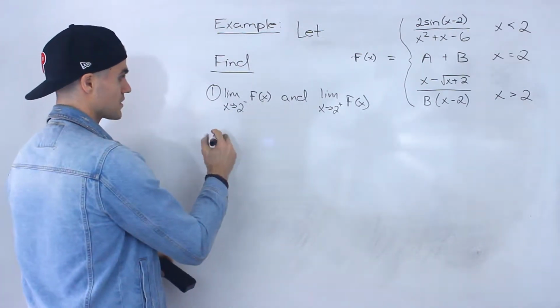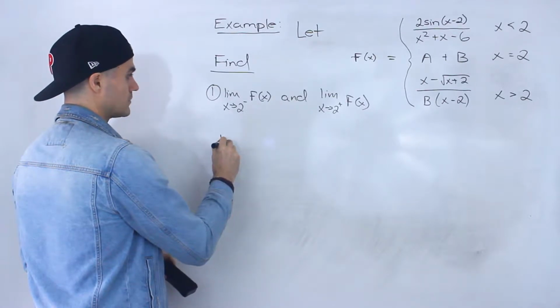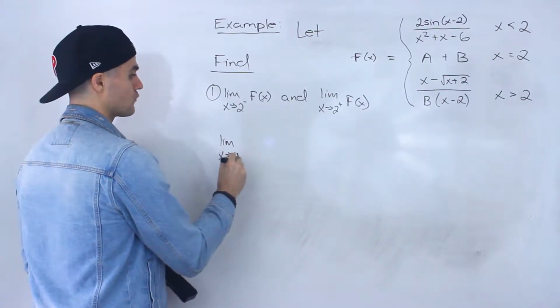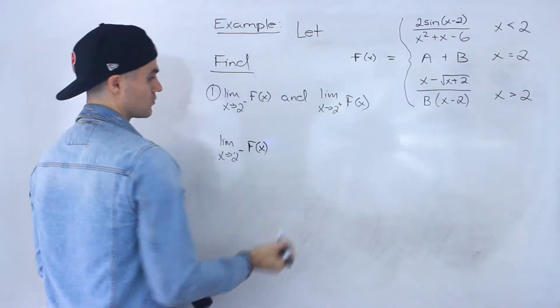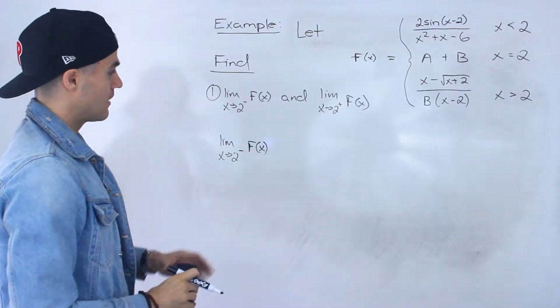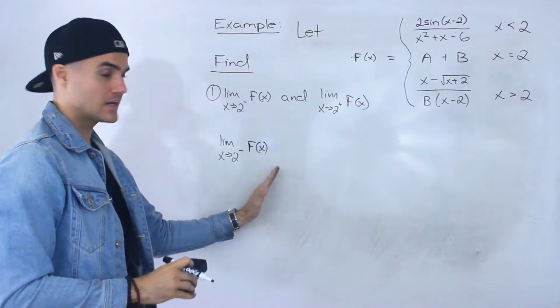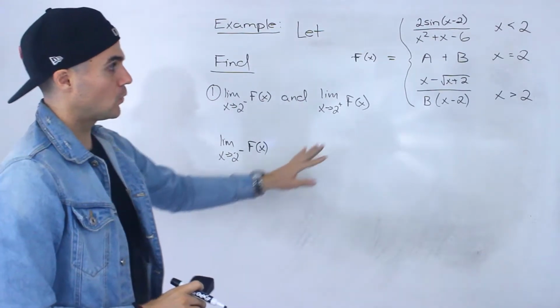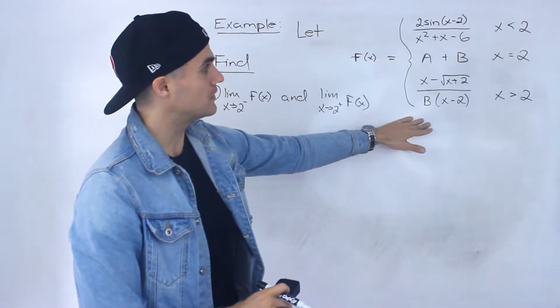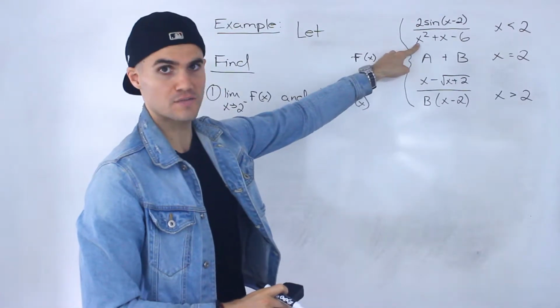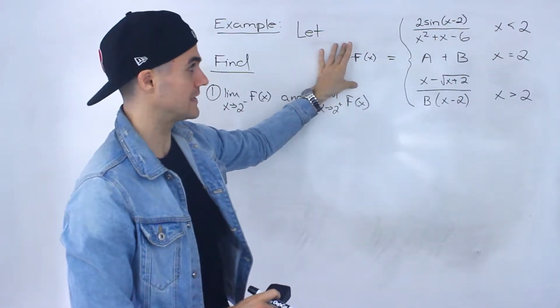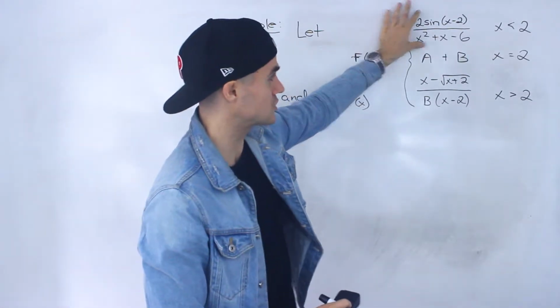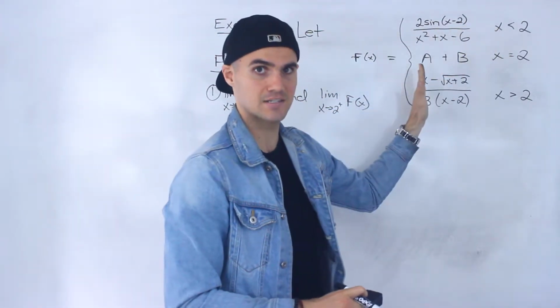So let's first start off with the limit as x approaches 2 from the negative side of this whole piecewise function. Now, if we're approaching 2 from the negative side, which of these functions are we going to be dealing with? Well, we're going to be dealing with this function because this whole piecewise function is defined by this function when x is less than 2.